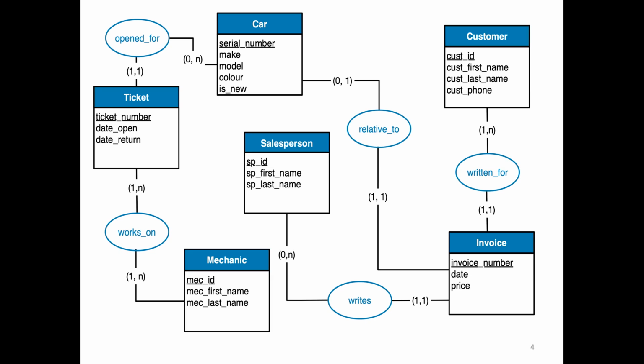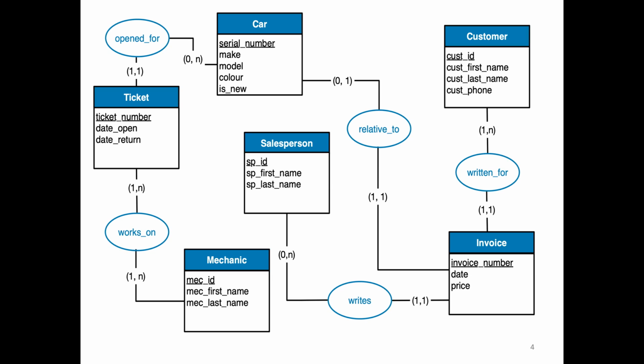So here each salesperson will have an entity relationship to an invoice number, and that invoice number will be connected to a customer number. So this is how the salesperson ID will be connected to the customer ID.